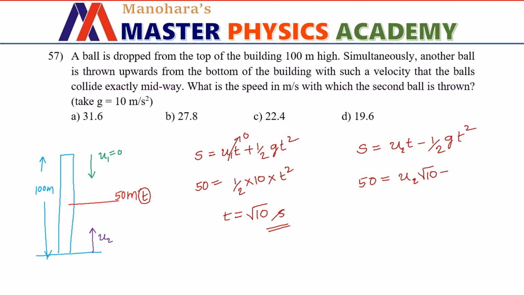So directly I am going to substitute that. So u2 will be equal to 50 plus 50, that is 100, by root 10, which is equal to 10 root 10 meter per second. Root of 10 is little greater than 3. Therefore, answer should be nearer to 30 and little higher. So that is given in option A, which is 31.6 meter per second.